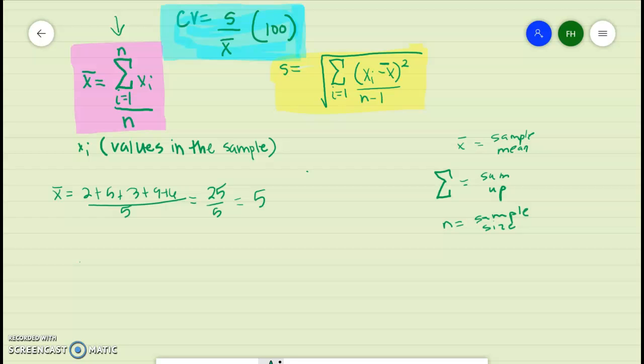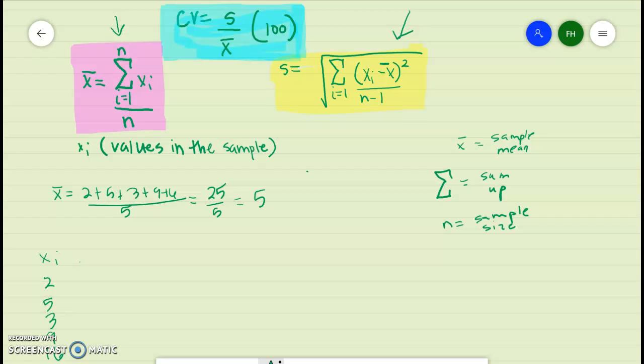So let's just go through set 1, and let's look at what we would do next. Now we need to find the standard deviation. I will show you a different way to do this later on, but for now, let's list our x values, which are 2, 5, 3, 9, and 16. And if we look at our standard deviation formula, we want to take each x value and subtract the mean and square it.